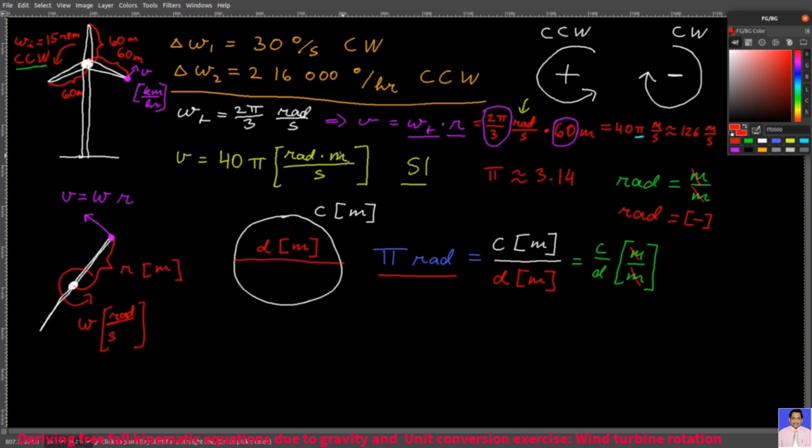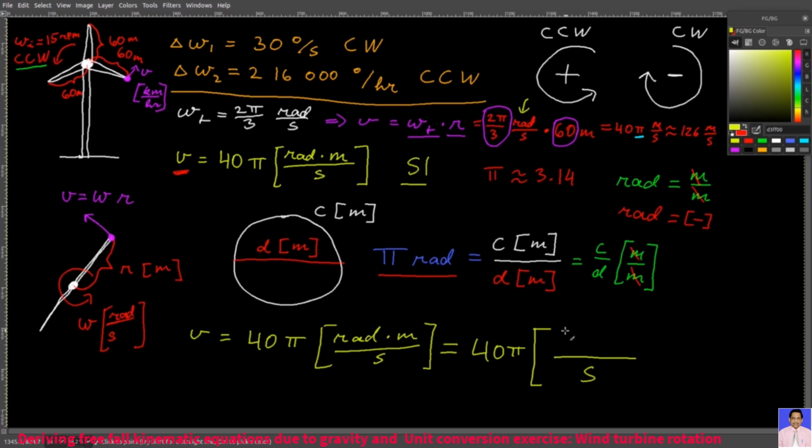And so when we go back to our velocity, yes, we can write it like this: 40 pi radians times meters over second. However, if we write it down like this, where we include the radians, then we have to remember that this radians is actually meters over meters, and then you also have meters here, and so your unit looks like this: meters over meter times meter, all over second.